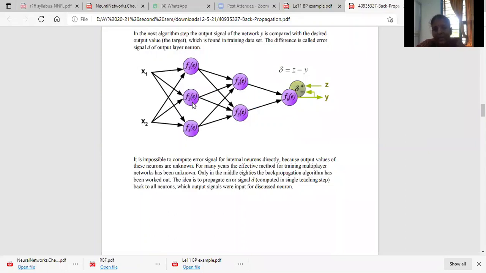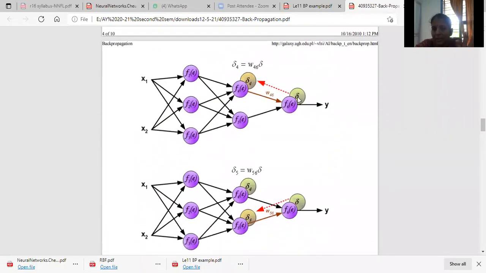In the hidden layer, for your easy understanding, we have considered only 3 input neurons, 2 hidden neurons and 1 output neuron. The error must be transmitted to each neuron in the backward direction in order to update your weight coefficients.